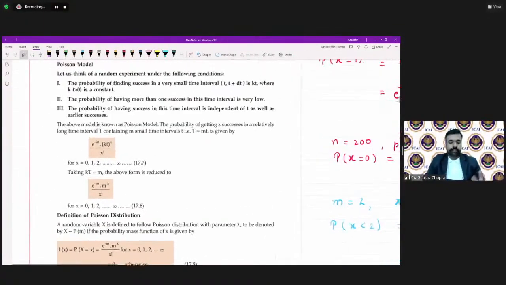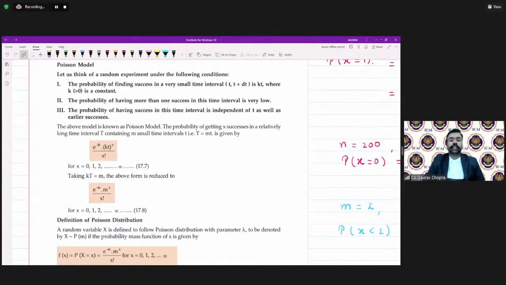These conditions we have discussed in a simple manner. Now we are just reading from this part so that you can have this understanding also. So let us think of a random experiment under the following conditions. What are the given conditions here? The probability of finding success is very small. That only we have discussed, very small because it is close to 0.